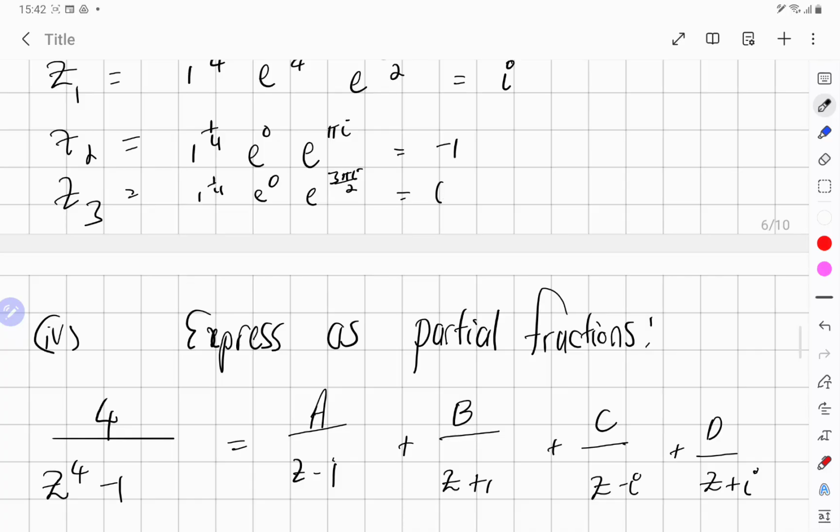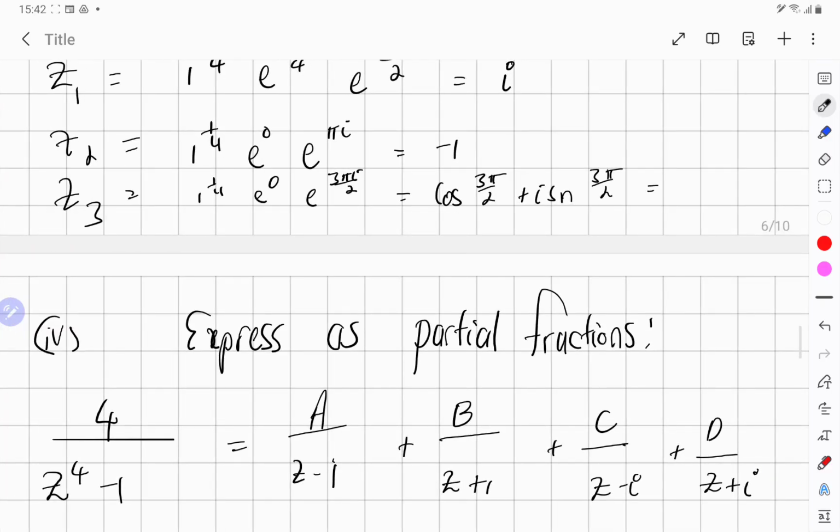So this one you can actually see cos 3 pi over 2 plus i sine 3 pi over 2. 3 pi over 2 is 270 degrees. Cos of 270 is 0. Sine of 270, if you do the sine graph, sine of 270 is negative 1, so you get negative i.